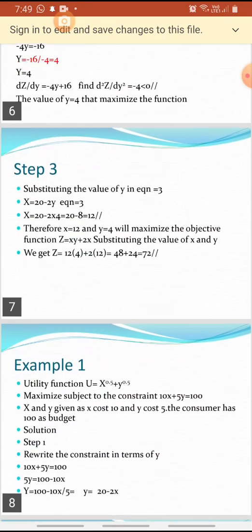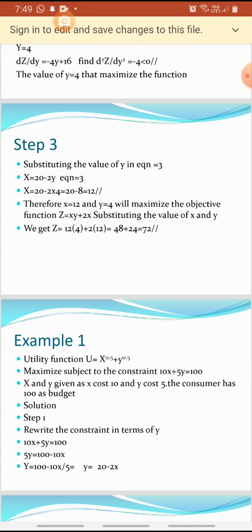Now, we substitute the value of y in equation 3 to find the value of x. x is equal to 20 minus 2 into 4, that is 20 minus 8, which is 12.